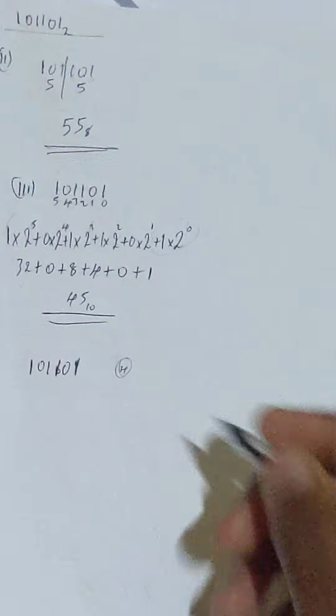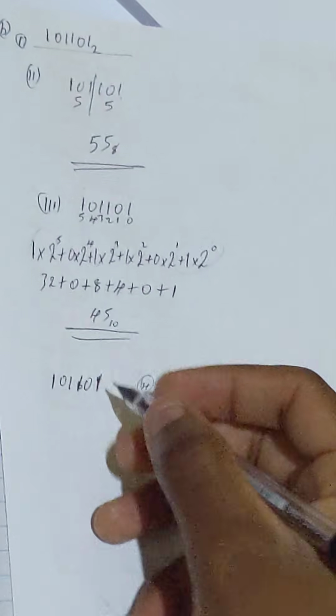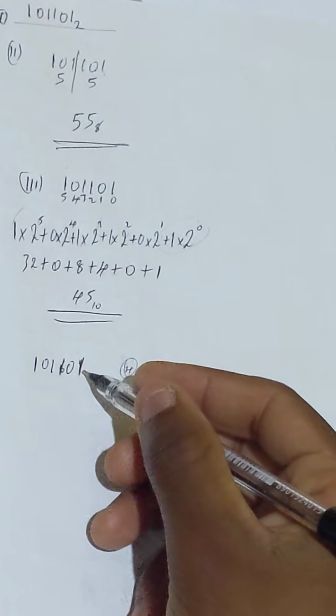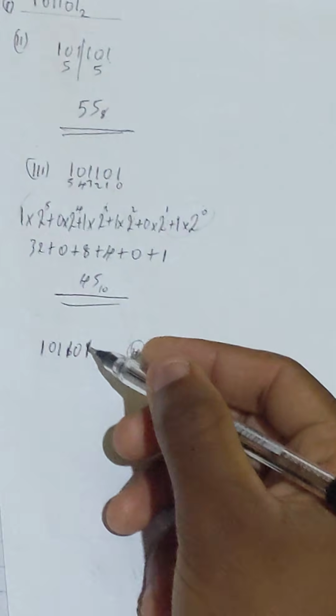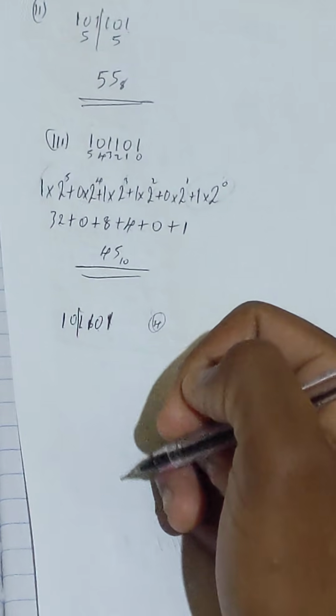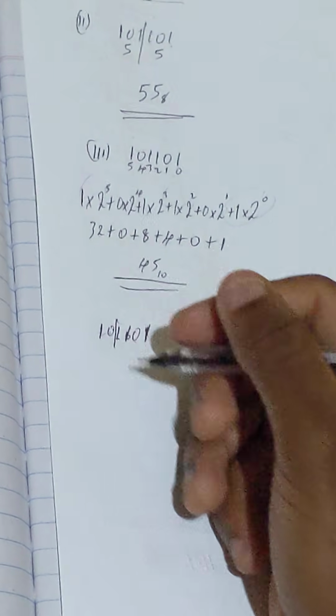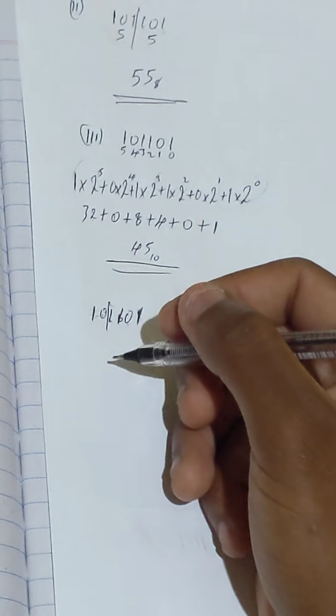So now this is what you're going to do. You have 4 binary digits. Now you have these numbers here, so you're going to count and cut it in 4. So you start from the right going to your left. You start 1 2 3 4, and then you're going to cut it here. Then you have 2 numbers remaining, and we said that one hexadecimal number has 4 binary digits.